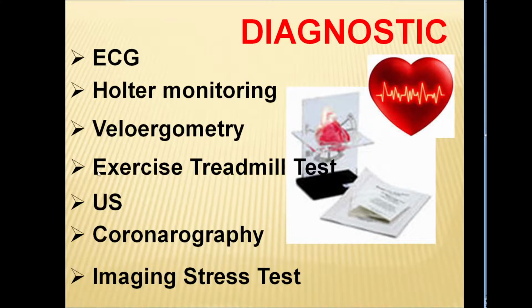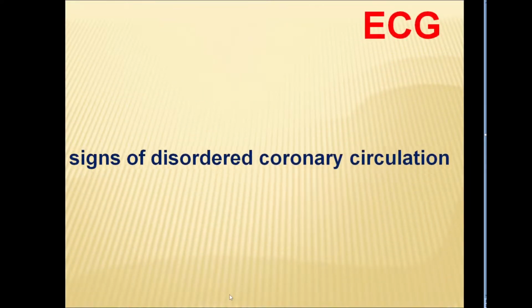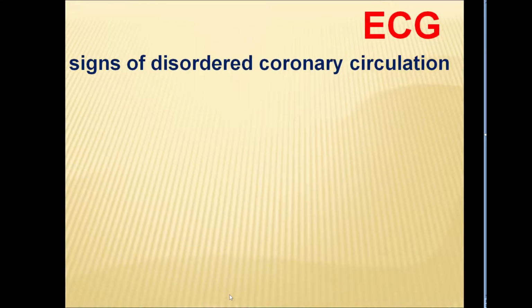We use ergometry or exercise treadmill test, when we check the response of the heart to a specific controlled physical exercise. We can use ultrasonography and coronarography of the heart coronary vessels or imaging stress test to reveal the site of the affected coronary artery and decide the question about next treatment.